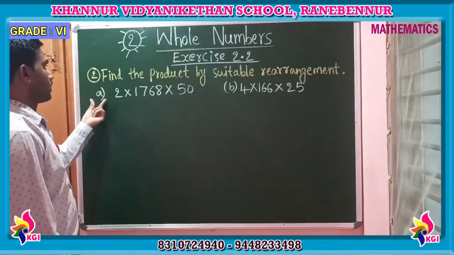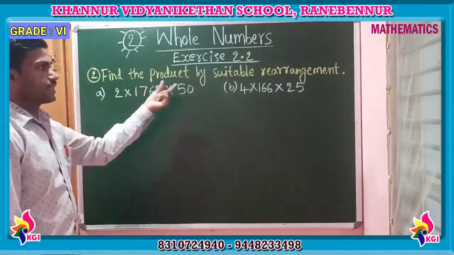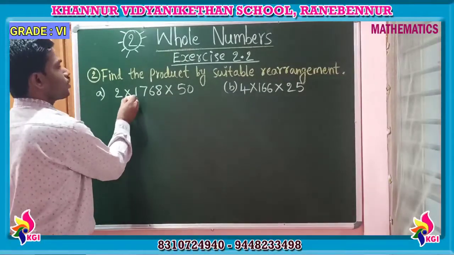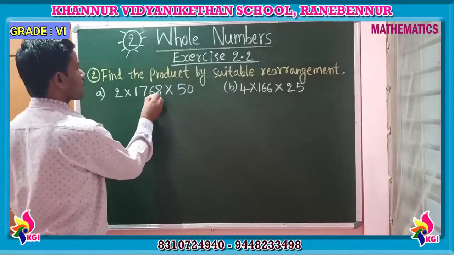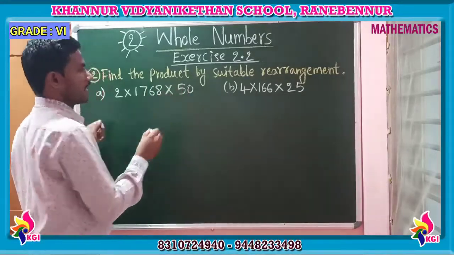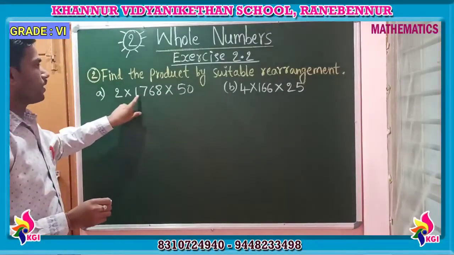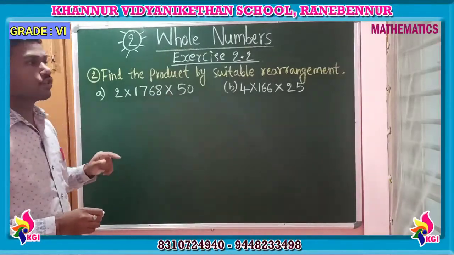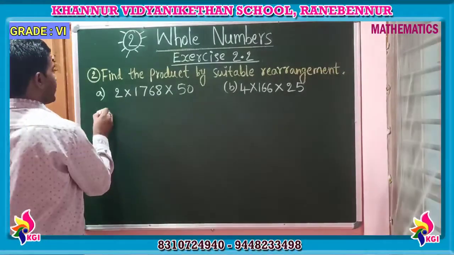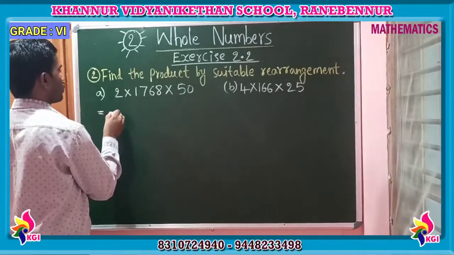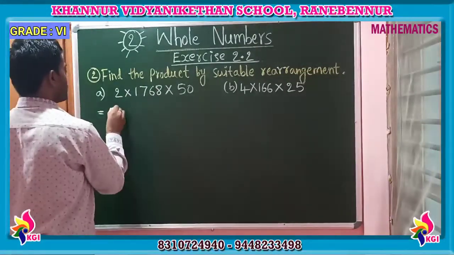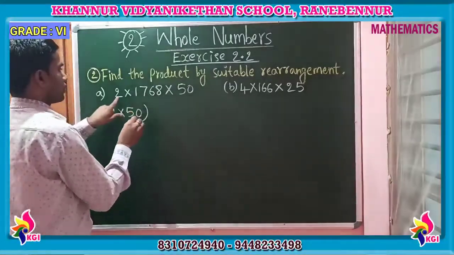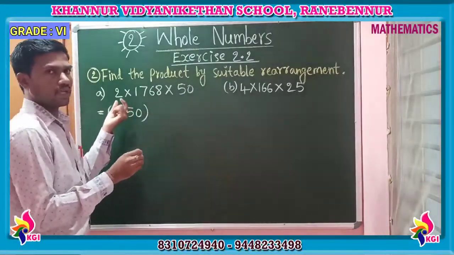Here I have written the first question and second question. The first question is 2 into 1768 into 50. 2 is multiplied by 1768 and multiplied by 50. In the next step, take first this 2 and 50 in a group. 2 and 50 are the smallest numbers, no?